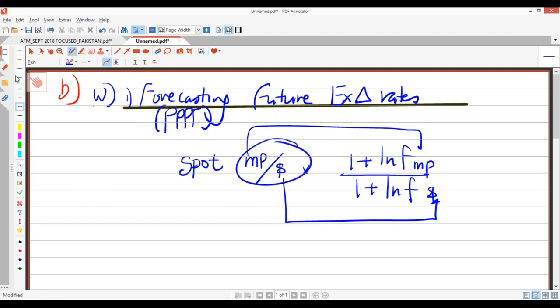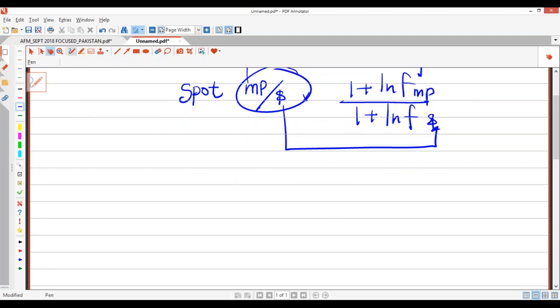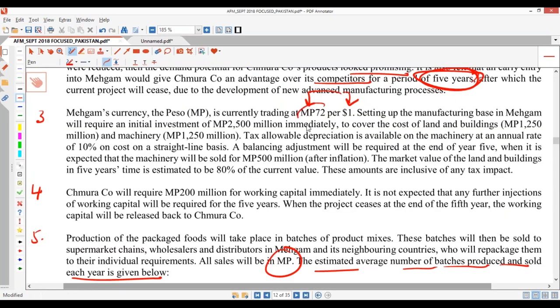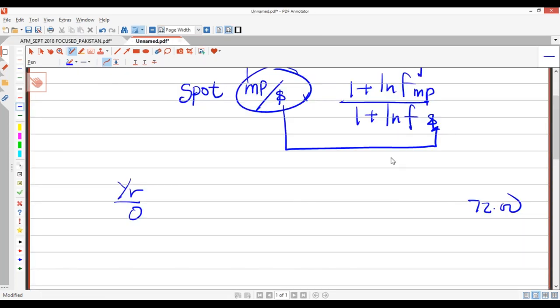Now, you can do that first, and you can start off by putting year 0. Your exchange rate is given in that paragraph, 72.00. It's given exactly 72, but maybe I want to expand my answer to at least 2 decimals for today. Year 1, what are you going to do? You're going to do 72 multiplied by 1 point something.